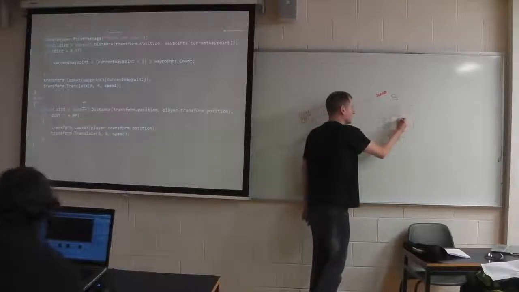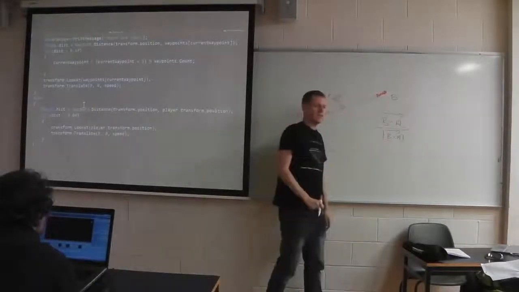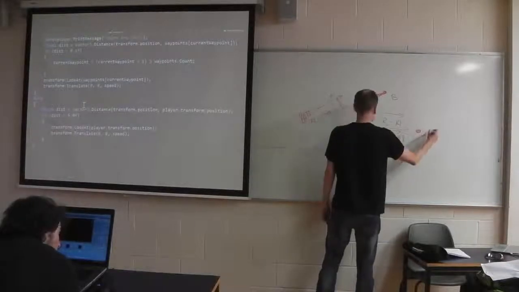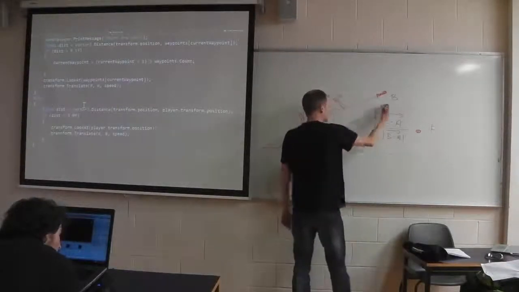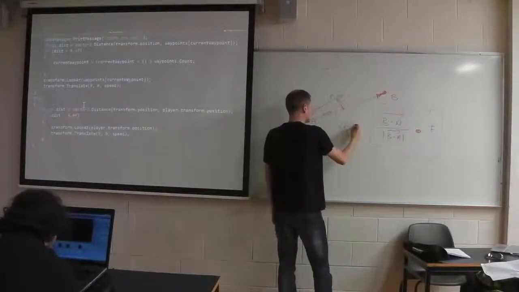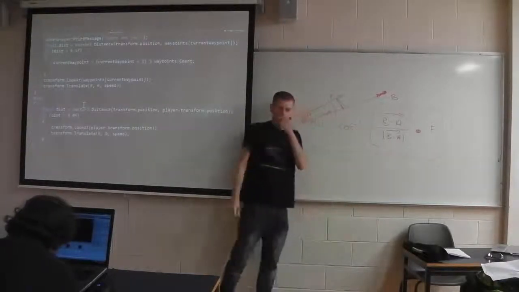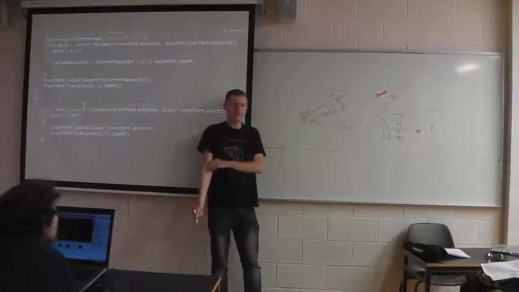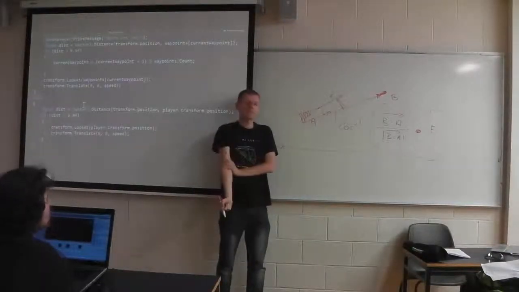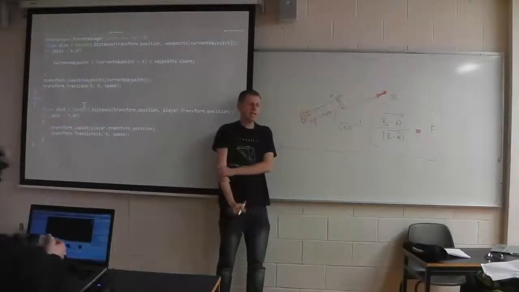So we take the magnitude of this vector to normalize it, and we dot product it with F, and then we take the inverse cosine of the whole lot. So the inverse cosine of those two will give me the angle between the forward vector and the vector B minus A. Alright, and then you check that against 45 degrees.